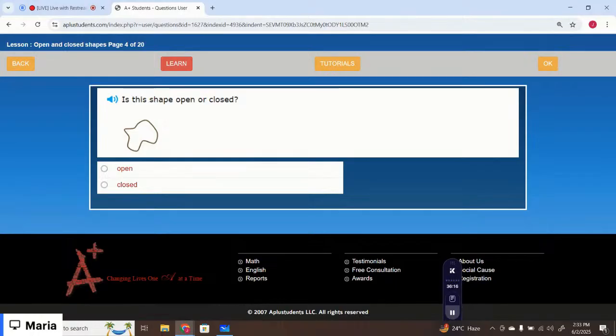Is this shape open or closed? Closed it is. That is a closed shape. That is the correct option.